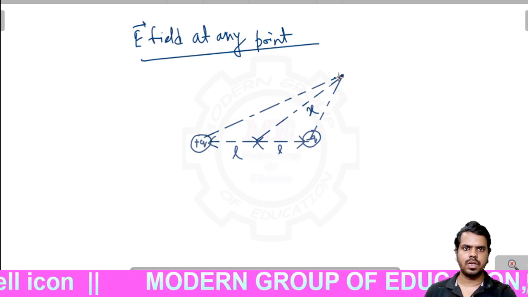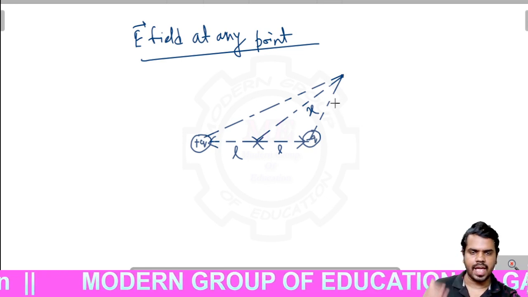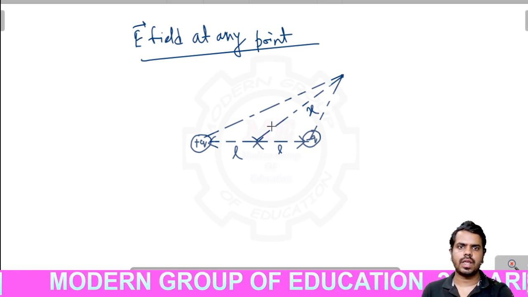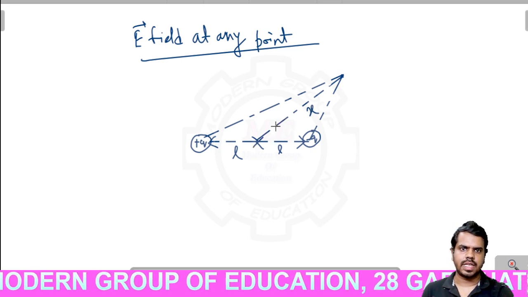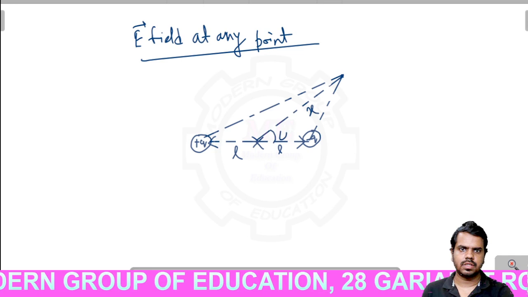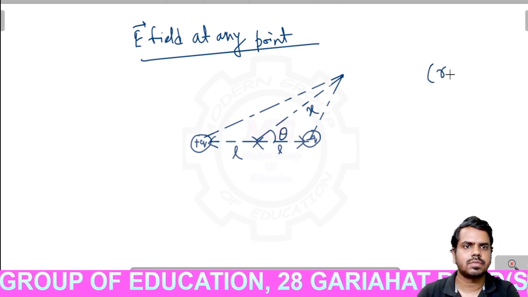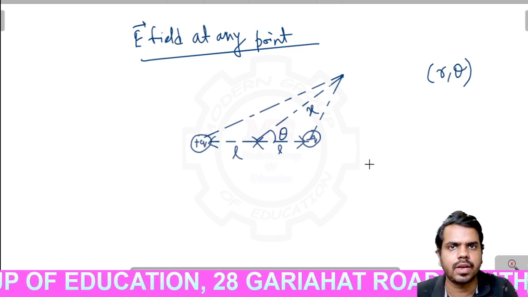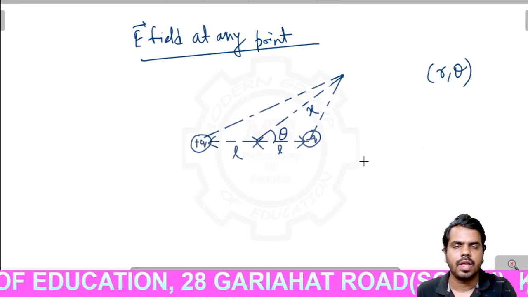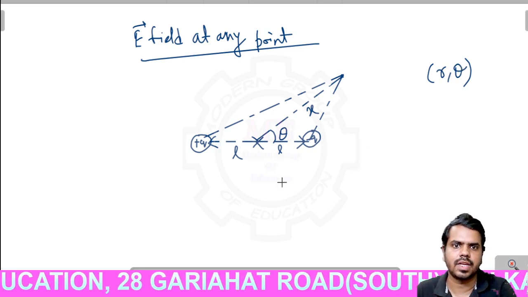The plus q will repel with this force here, the minus q will attract with this force in this direction, but we do not know the angles. So let's put an angle, that is r comma theta. That is, this is x comma theta. Okay, this angle is a theta angle. Clear? The r comma theta, that means polar coordinate. If we apply the polar coordinate, then we can find any point in space. So x comma theta is applied here.